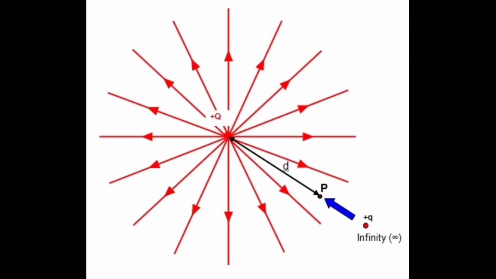Suppose I want to move a unit positive charge from infinity to a point P which is in the electric field of a source charge plus capital Q. I need to do some work against electrostatic force.